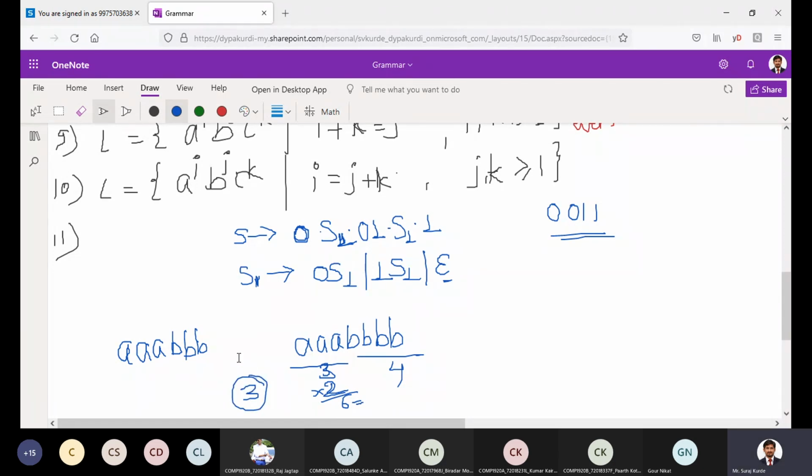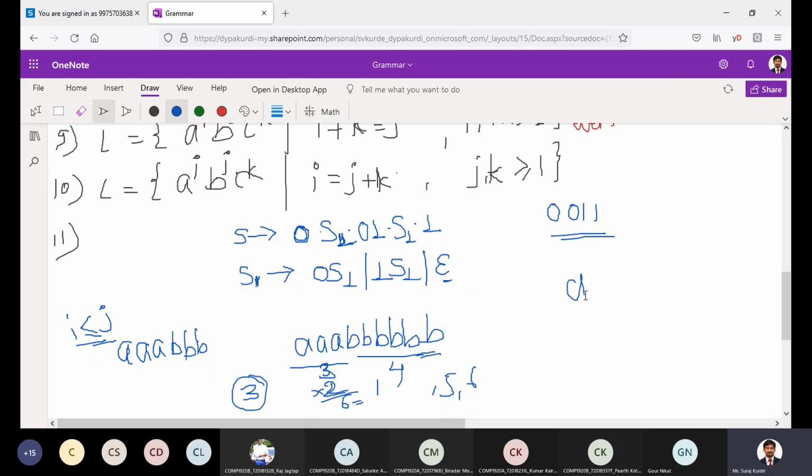Minimum 3 because i is greater than or equal to j. It is not less than. So it can be equal to or greater than. So it can be 3, 4, 5 or 6, up to twice: 3 into 2, 6. Anything.